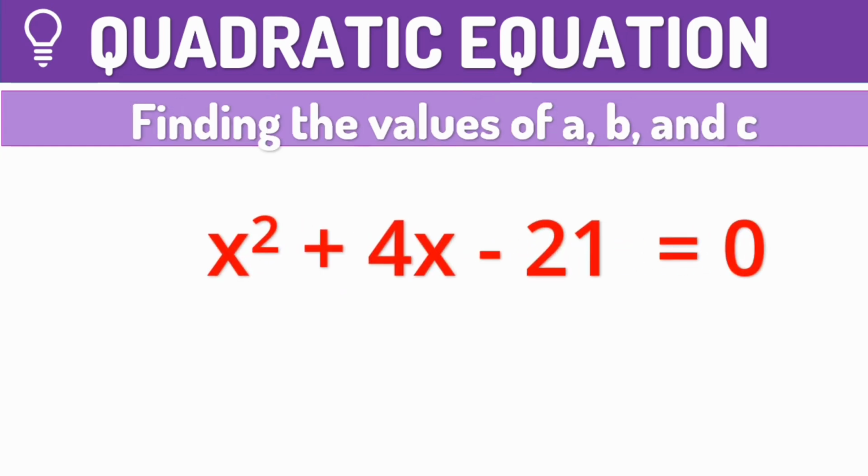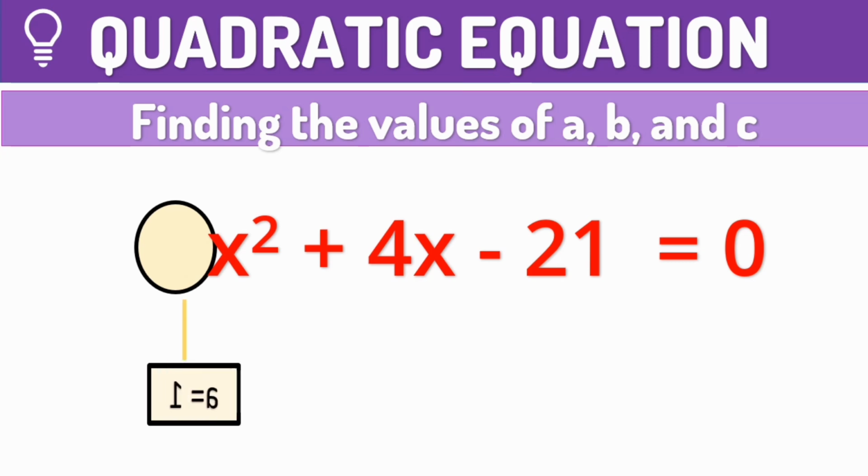How about this one? X squared plus 4x minus 21 is equal to 0. What is A and what is B and what is C? A, there is no number written here, but it has an invisible 1, right? So A is equal to 1. How about the linear term or the b?